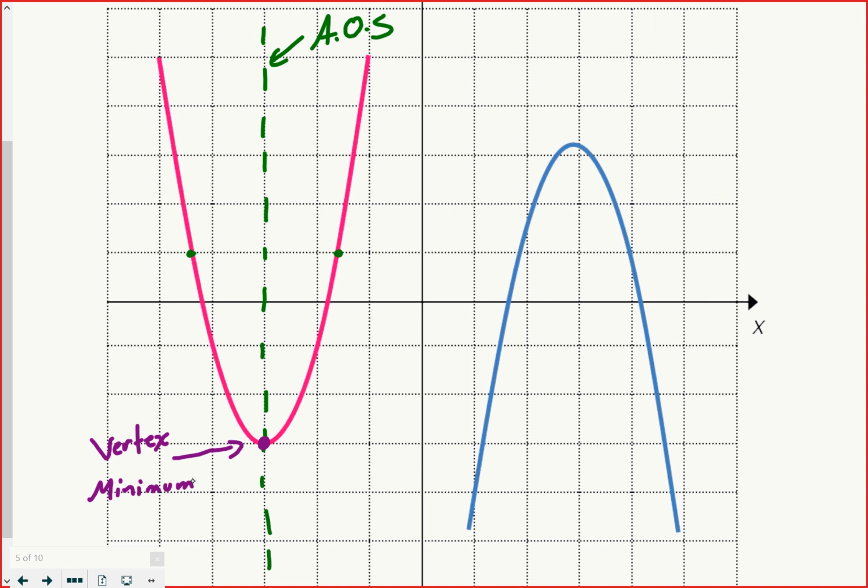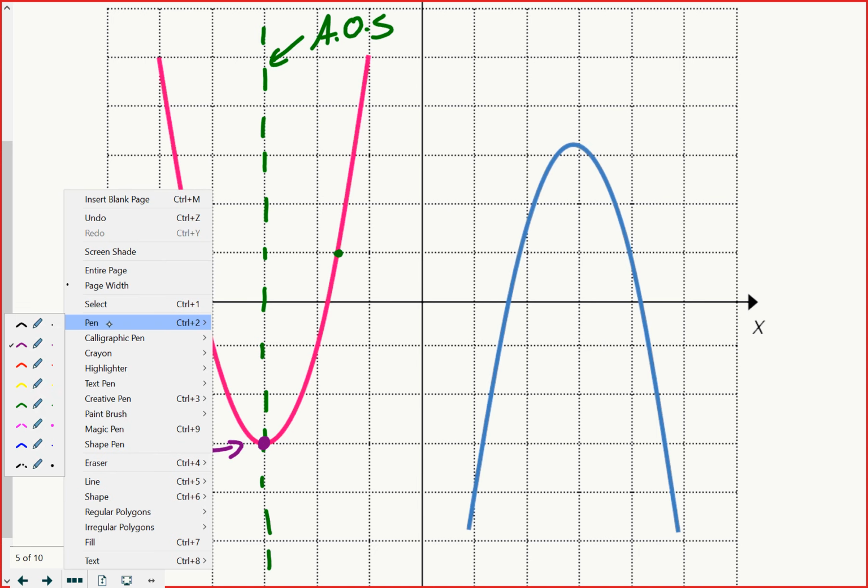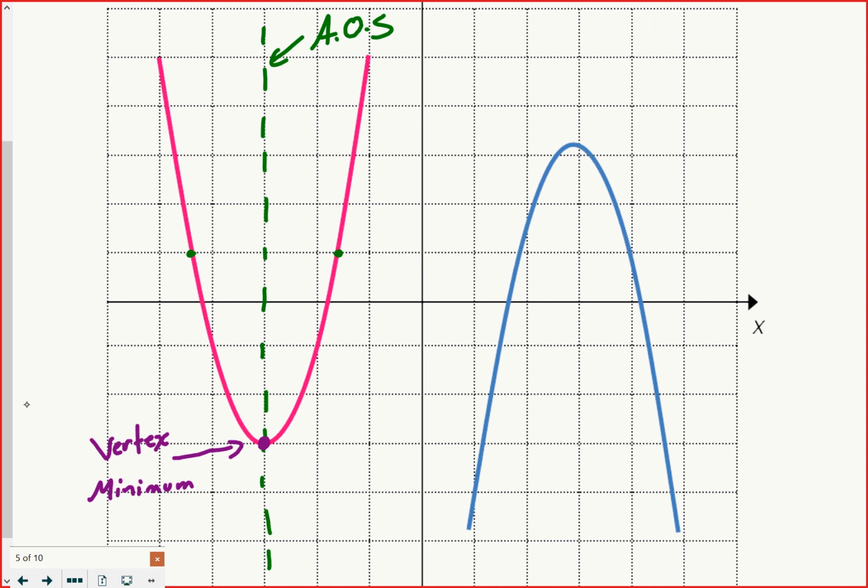Okay, so if I look at the next graph, which is the blue one, once again I'm going to do the exact same process. I need to find my axis of symmetry, and I'm going to locate my vertex and my max and min. My graph is not really being generous to me, but I'm going to find the line that divides my graph right down the middle, which is just right here.